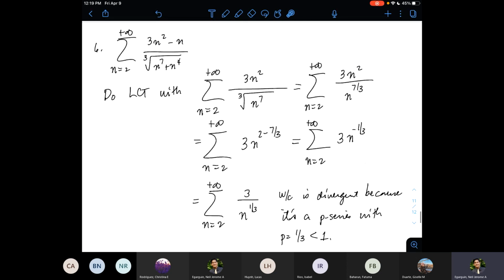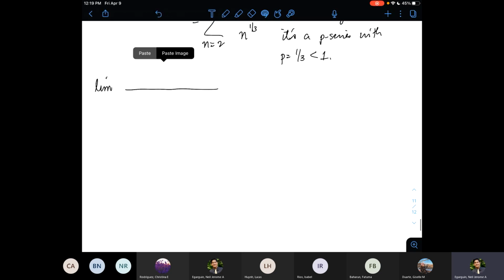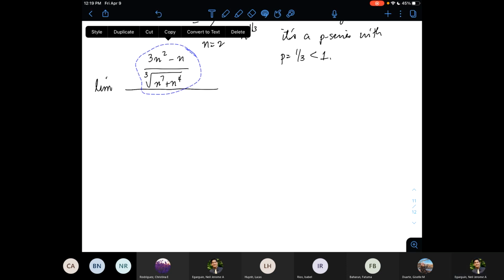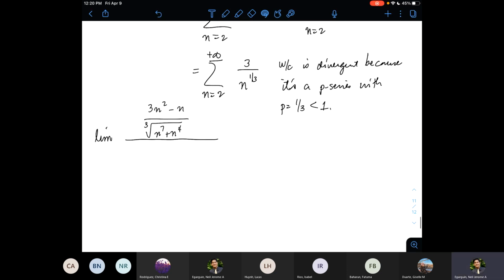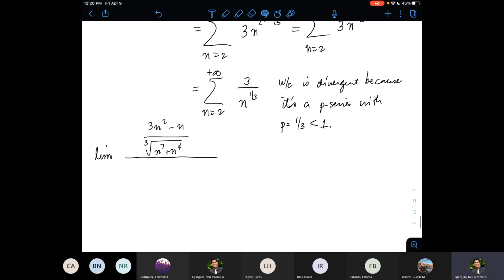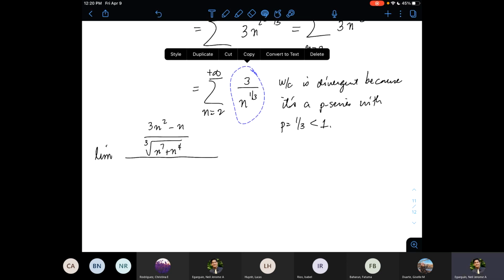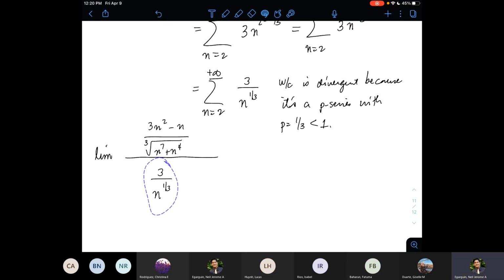So I'll copy this and put it in the numerator. Actually, it doesn't matter which one you put in the numerator or the denominator, unless you'll have a 1 over 0 or an indeterminate form. But I don't think we'll have a problem with that here.